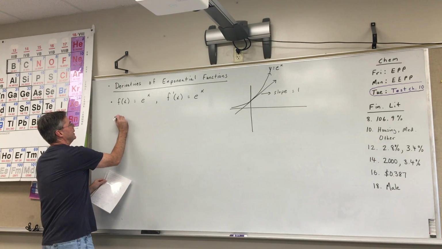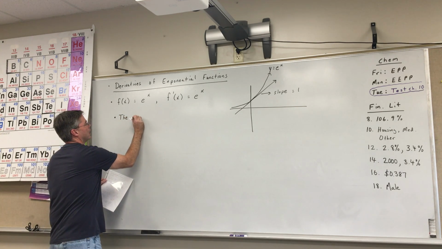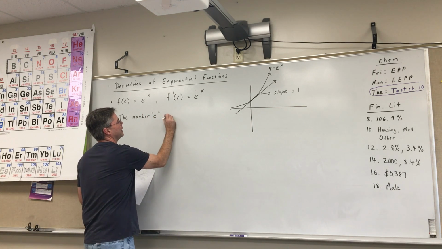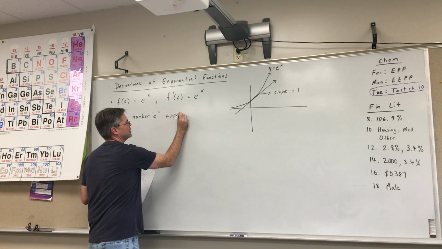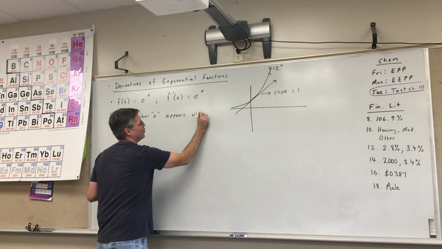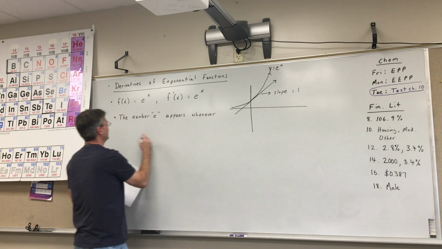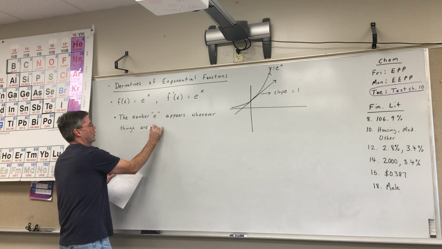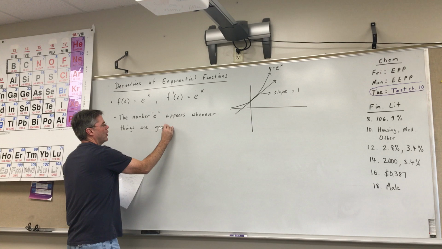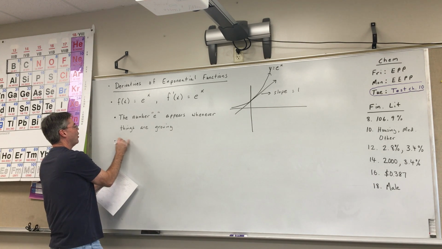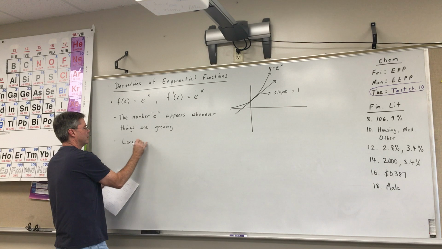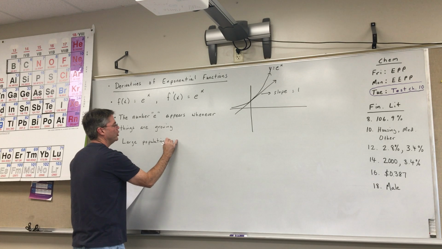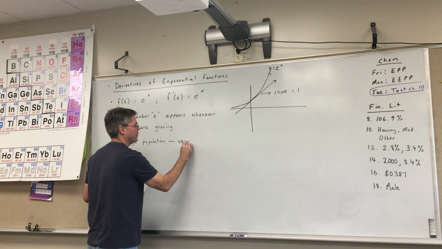So the number e appears in mathematical equations whenever things are growing. So if you have a large population, you will have very fast growth.